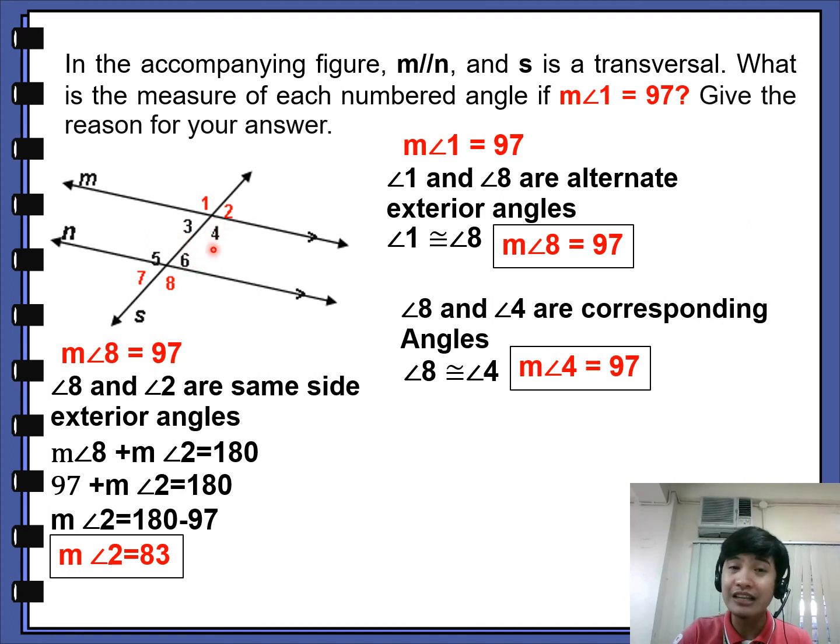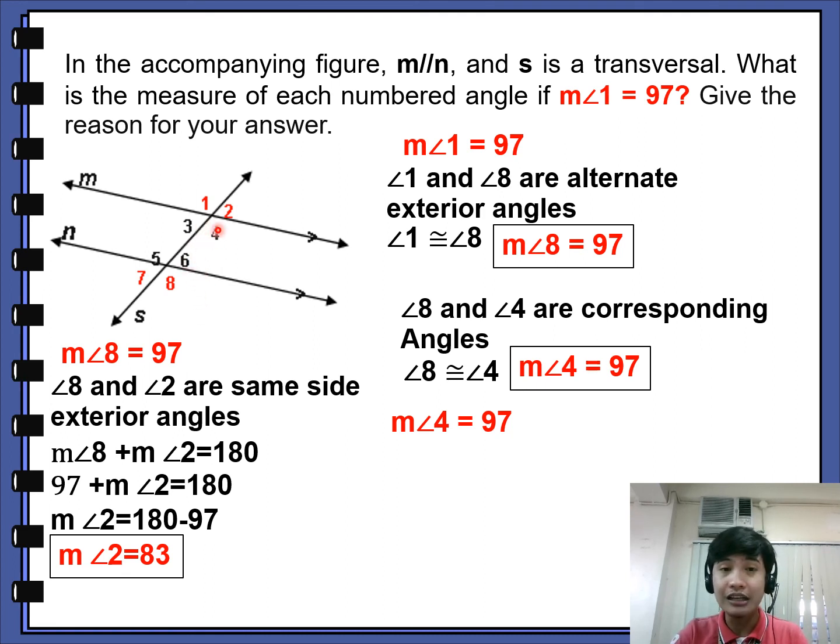Dahil may sukat na si angle 4 at katabi niya si angle 6, ayan, si angle 4 may sukat na, 97, at katabi niya si angle 6, pwede tayong mag-isip kung meron bang angle relationship na nag-e-exist dito as far as the angles formed by parallel lines are concerned.